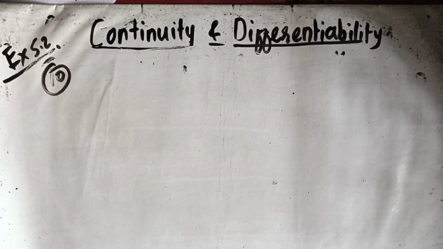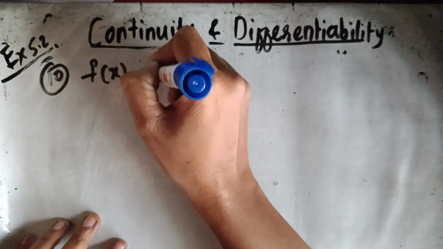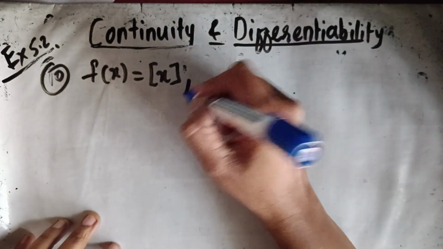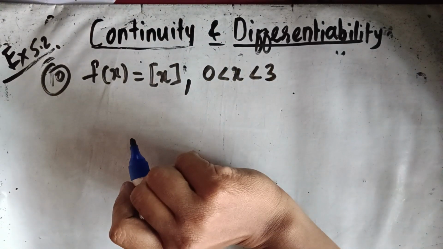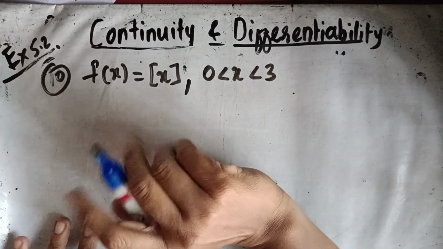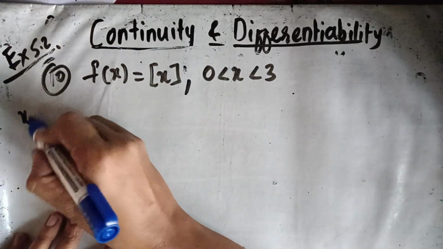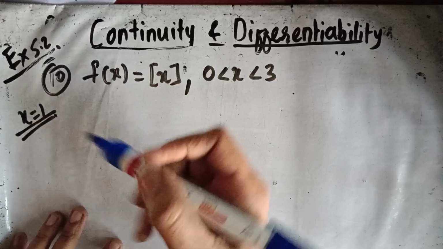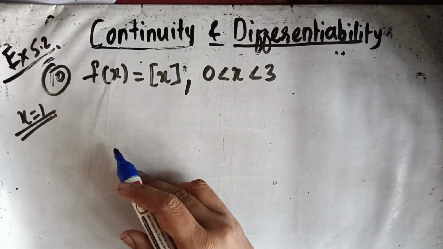Question 10, prove that the greatest integer function, f of x equal to box x, 0 is less than x is less than 3, is not differentiable at x equal to 1 and x equal to 2. So first you have to take x equal to 1. Again you have to check for the left hand derivative and right hand derivative.